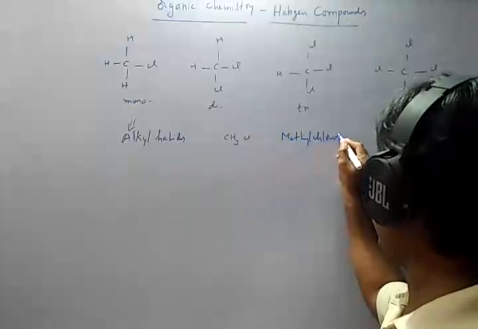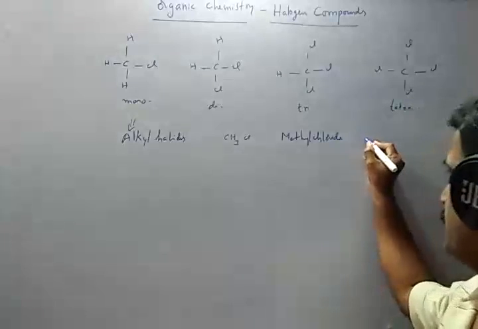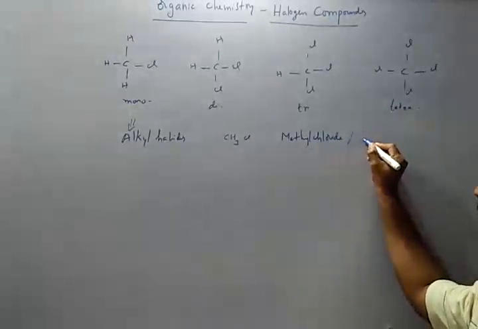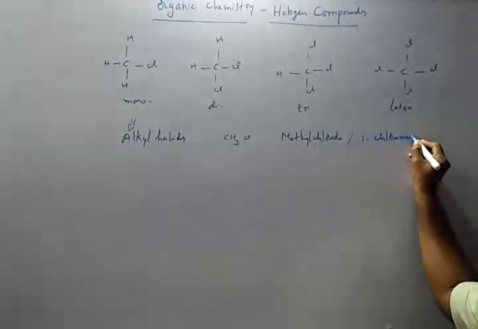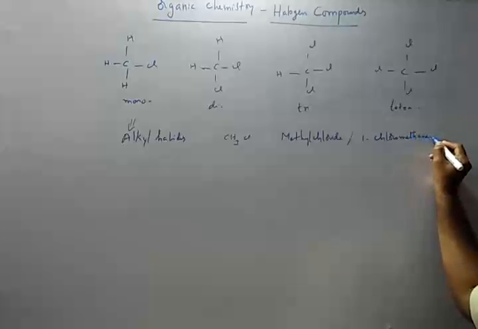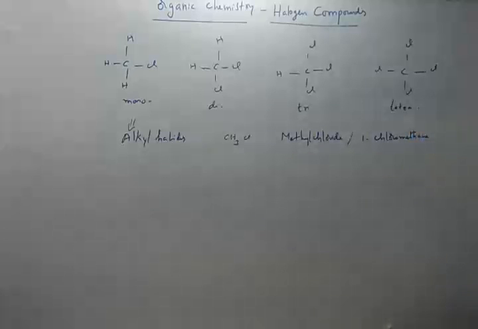This we call methyl chloride. According to IUPAC nomenclature, we can also call it 1-chloromethane. And if it is bromine, we can call it bromomethane.